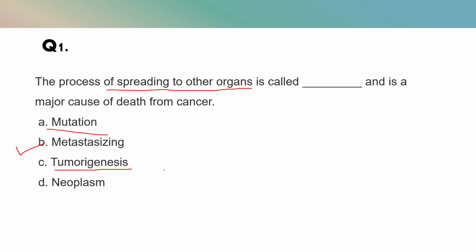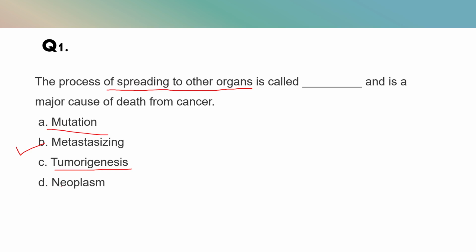metastasizing, or you can say it as metastasis. Fine. So metastasis means when one cancer cell is already present in your body and it is spreading to different organs. Okay. For example, if some patient has cancer or tumors in their kidney, but it is spreading to nearby organs like liver and other parts of your body, then this is called metastasis.